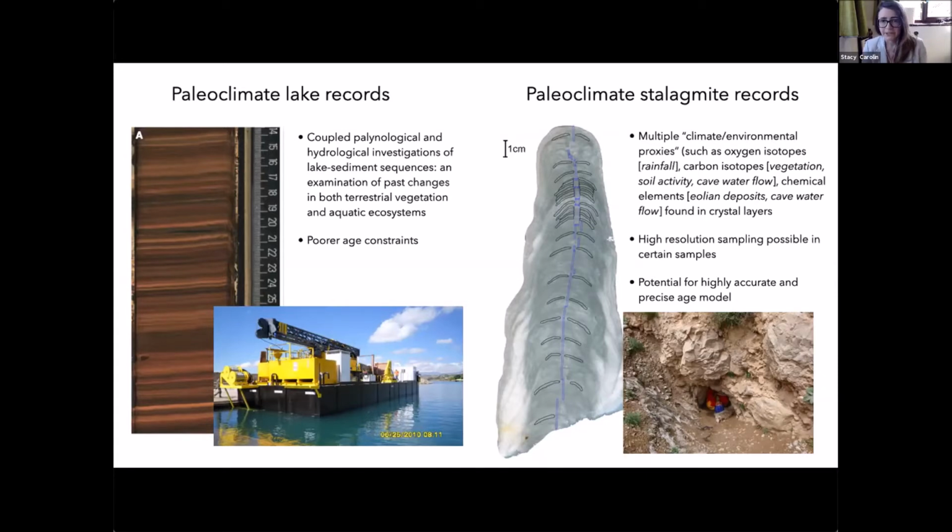On a stalagmite, you can do very high resolution sampling depending on the sample that you're working with. So the faster the stalagmite grows, the higher resolution record that you can get. And finally, a big advantage of a stalagmite record is you have the potential for a very accurate and precise age model because it uses a different radiometric clock. It uses uranium-thorium dating as opposed to radiocarbon dating.